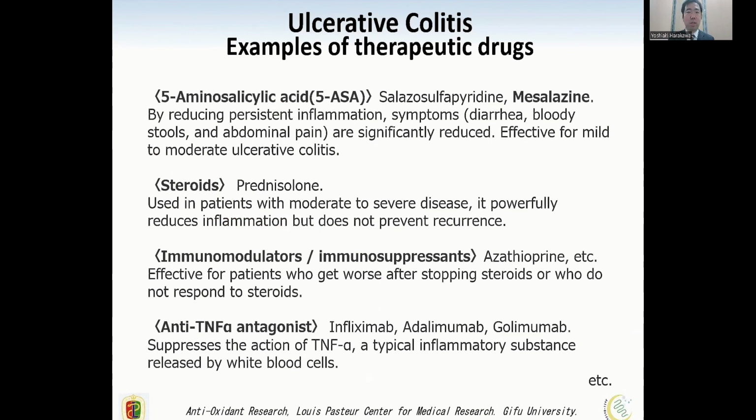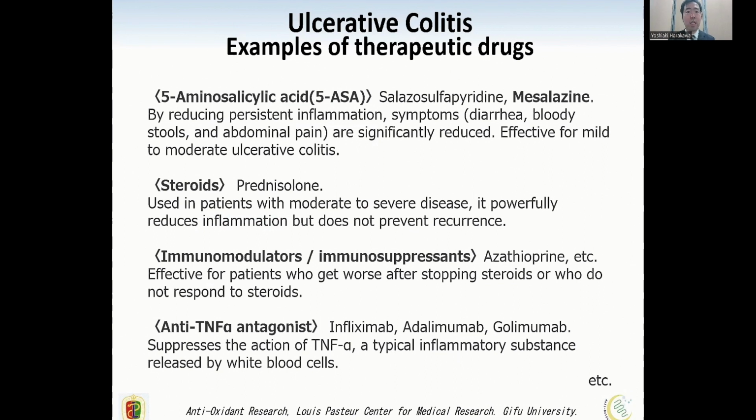For mild to moderate disease, 5-ASA preparations are considered first. By reducing persistent inflammation, symptoms such as diarrhea, bloody stool, and abdominal pain are significantly reduced. One of the main drugs is mesalazine.